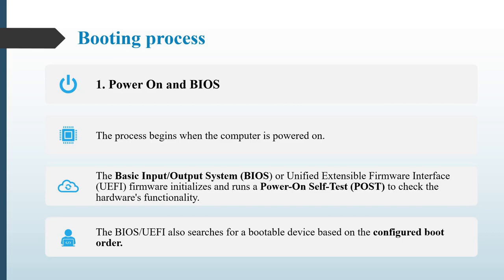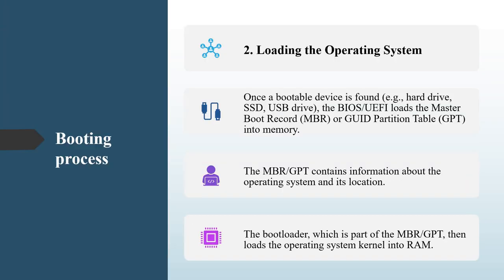After the post test, we search for the bootable devices. That is the process of loading the operating system. Once the bootable device is found, whether the OS is on a hard disk, SSD, USB drive, or wherever it is, we load the master boot record or the GPT.